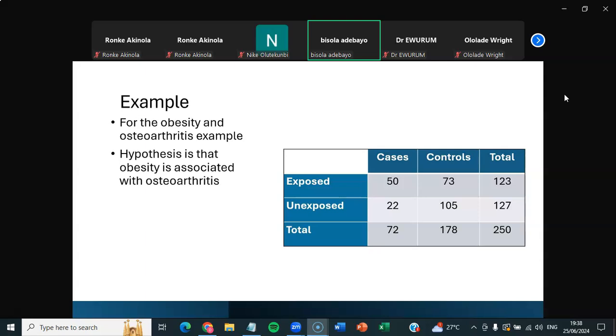We have cases with osteoarthritis, a total of 72. Those exposed, those who are obese, are 50 out of the 72, unexposed 22 out of the 72. For the controls, we have a total of 178. The exposed, those that are obese, are 73, while unexposed, those not obese, are 105. And then you have a total of 250.